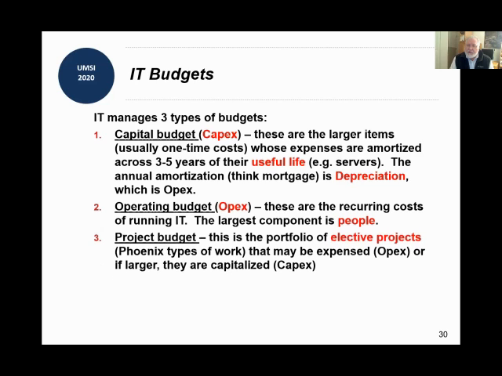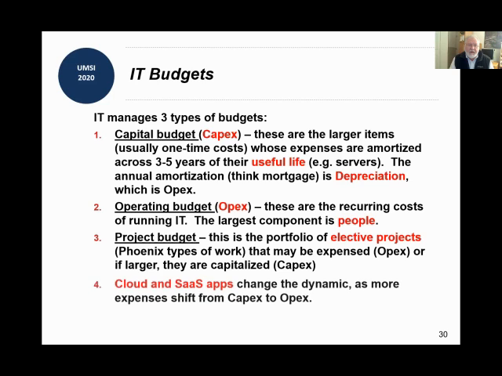Project budget, this is a portfolio of elective projects, so sort of like the Phoenix project that we've been reading about. And it may be expensed as operating expense, or if larger, they're going to be capitalized in terms of CapEx. And so whether a project is OPEX or CapEx is one of the important financial decisions you make as you go through your budget planning.